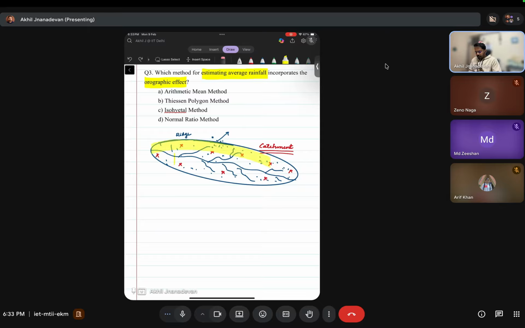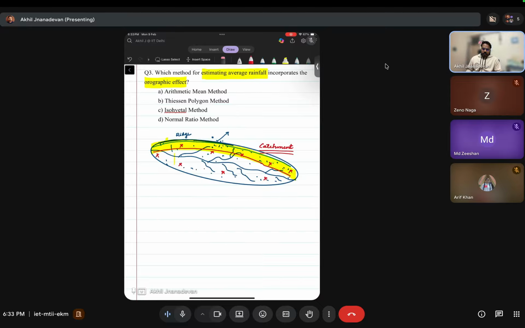That is when the air masses travel, they hit the mountain and rise up, and on the side where the air masses were coming from, the rainfall happens, and the other side is deprived of rainfall. So this particular belt will receive very high rainfall, and this particular belt will be receiving very low rainfall.